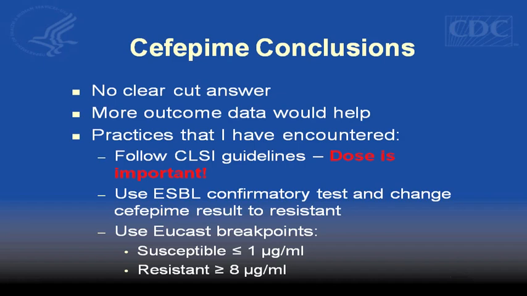There's CLSI and EUCAST. So EUCAST has this very large intermediate range specifically because there's so little clinical outcome data for isolates in this range that they wanted to keep it very large. And the reason why that wasn't done here in the United States is because there's this perception that intermediate means resistant, that if an isolate tests as intermediate, a drug will not be considered and will not be used.